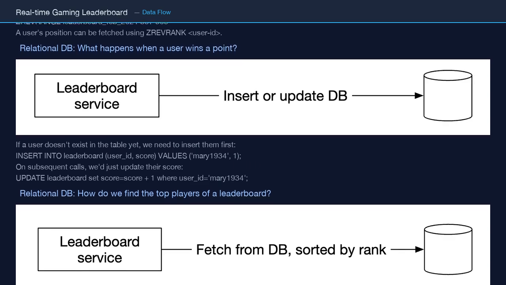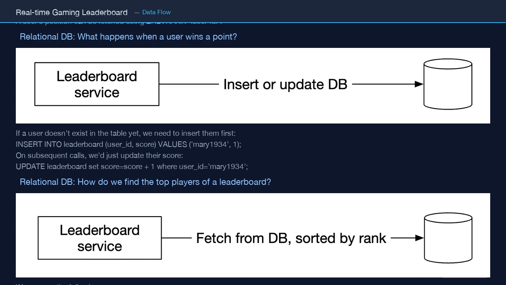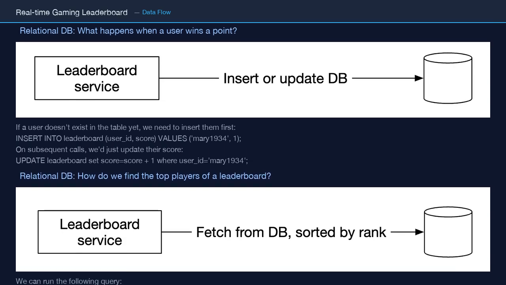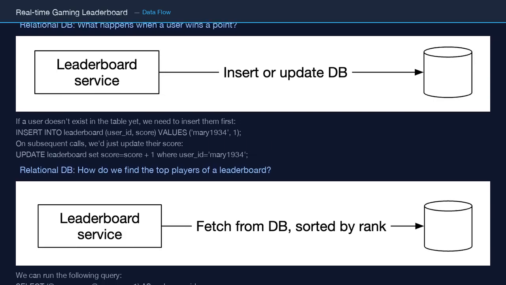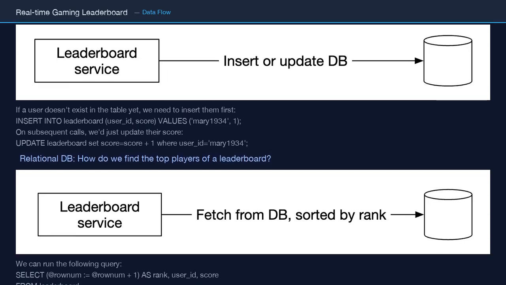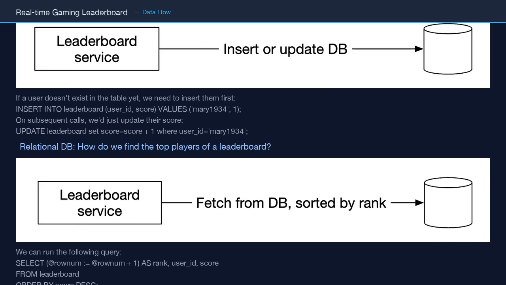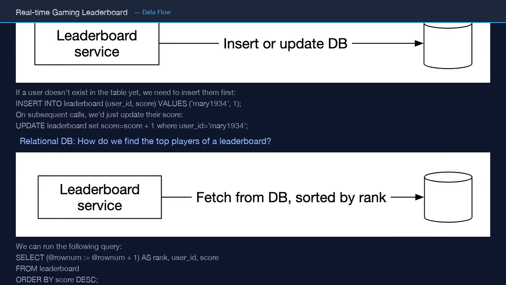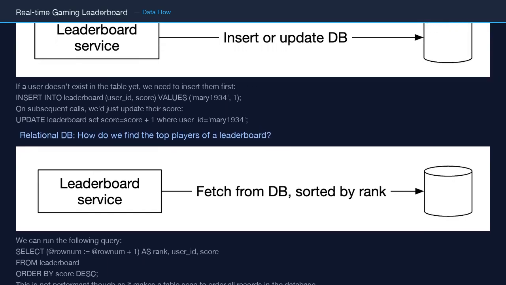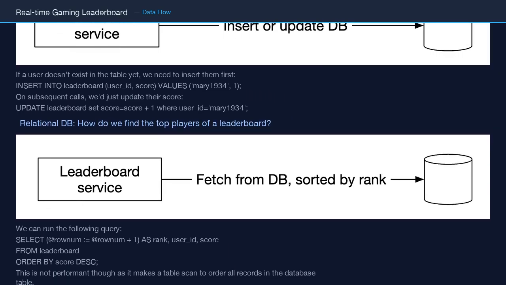Now for finding the top players of a leaderboard with a relational database. A naive query uses a row number variable to assign ranks, orders everything by score descending, and returns the results. SELECT (@rownum := @rownum + 1) AS rank, user_id, score FROM leaderboard ORDER BY score DESC. The problem here is that this performs a full table scan to sort every record in the database. That doesn't scale.